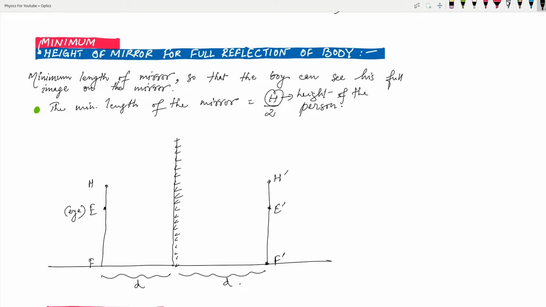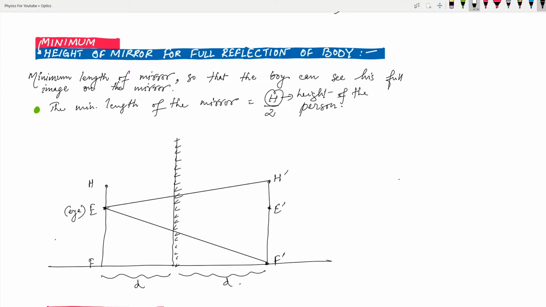Now in order to get the full image, rays should come from the head and enter our eyes. Rays should come from the foot and should enter our eyes. So let's draw it. From the eyes, a ray should come from the head. Another ray should come from the foot and enter our eyes. Then only we can get the full image of the body.